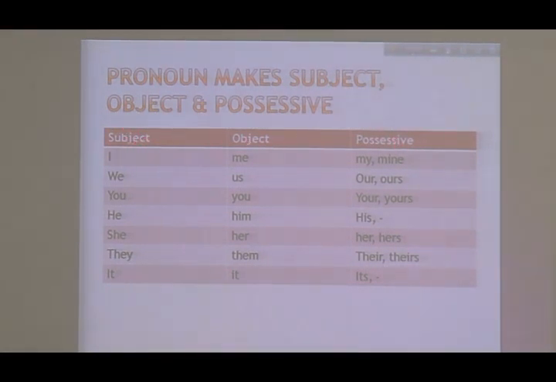You know, I is a pronoun. I is always used as subject. Me is the object of I, and my and mine are the possessive. We, subject, us, object, ours, possessive.